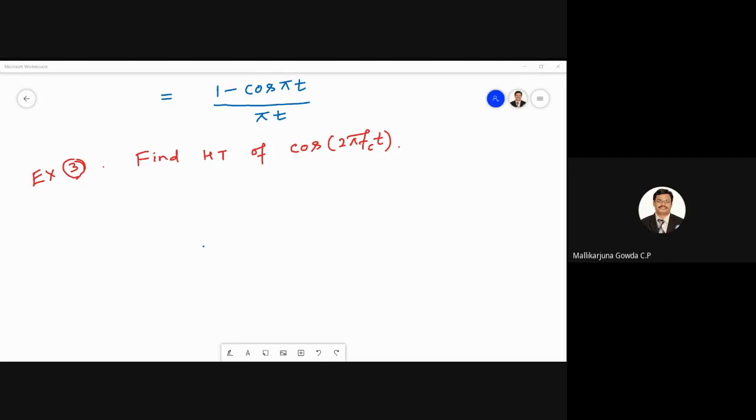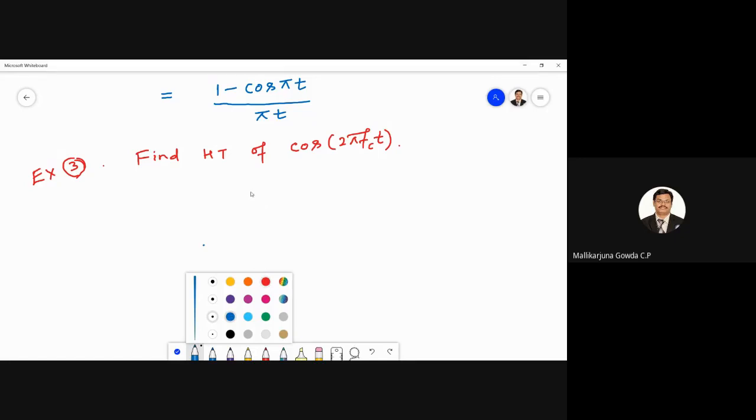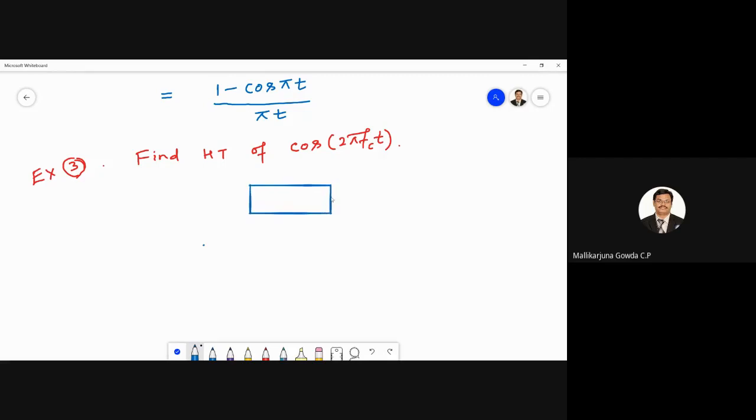So your g of t is cos 2 pi fct, and you are passing it through this Hilbert transformer.